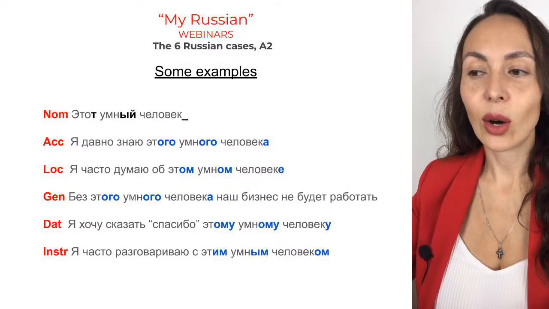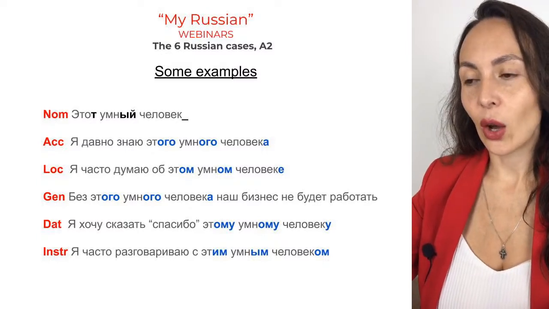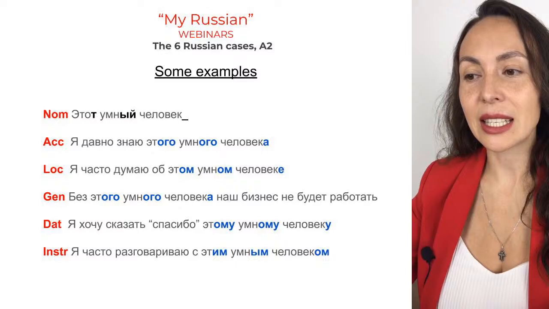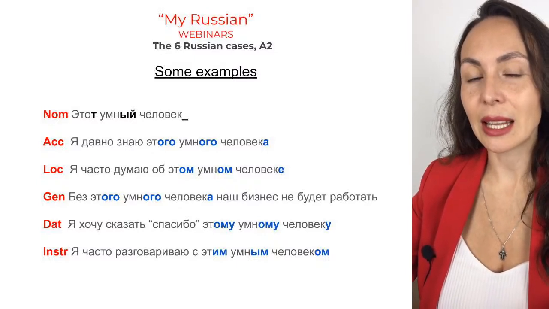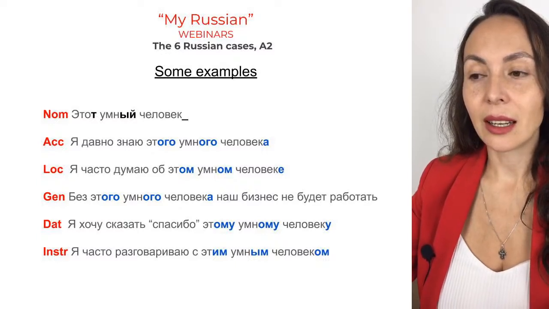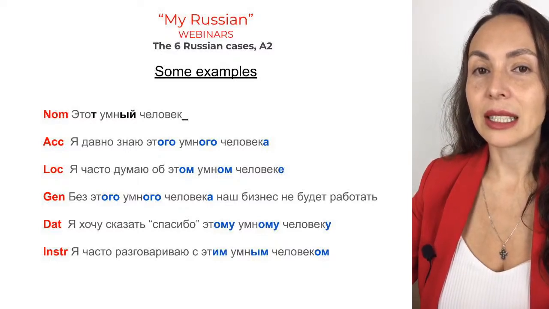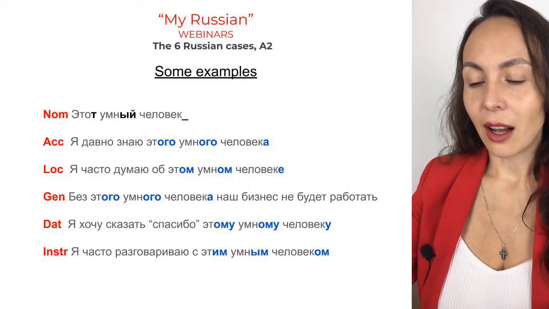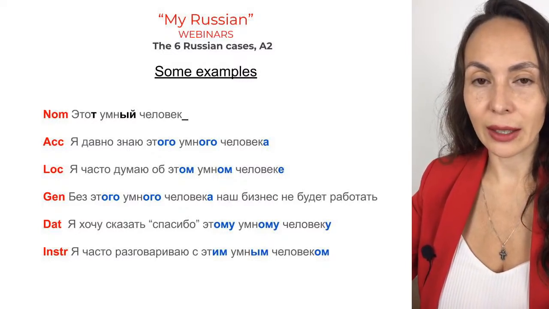Этот умный человек. I hope that you recognized its masculine form. Человек is a masculine noun, and of course we have a masculine adjective and a masculine demonstrative pronoun этот. Этот умный человек.